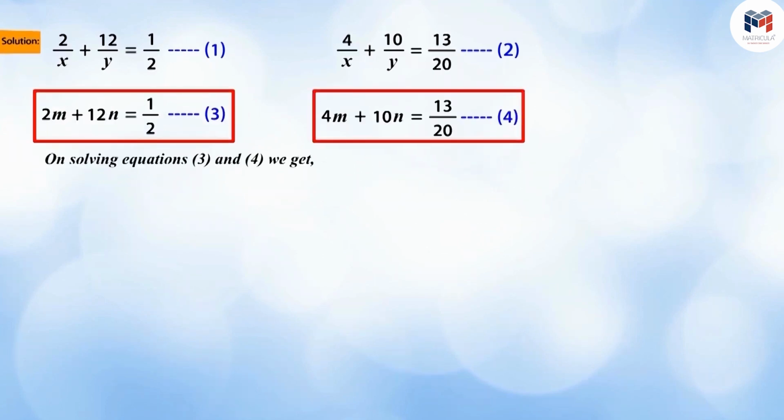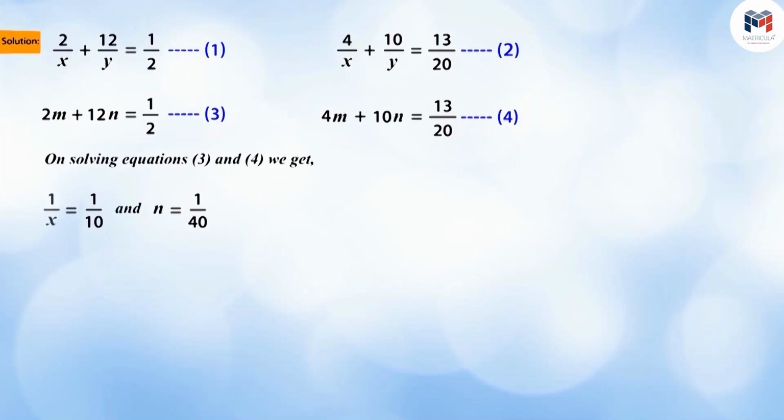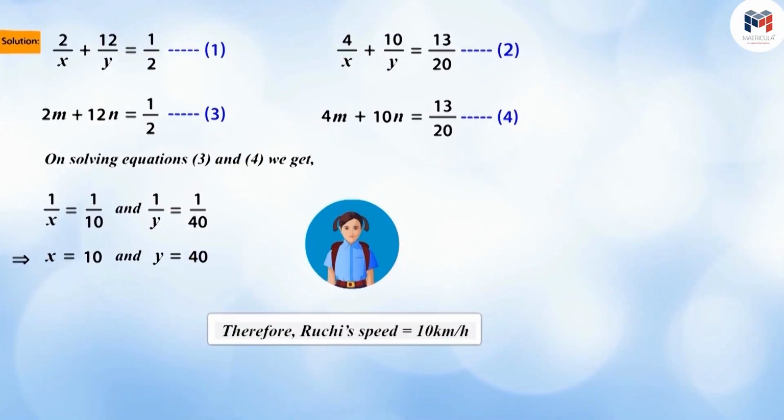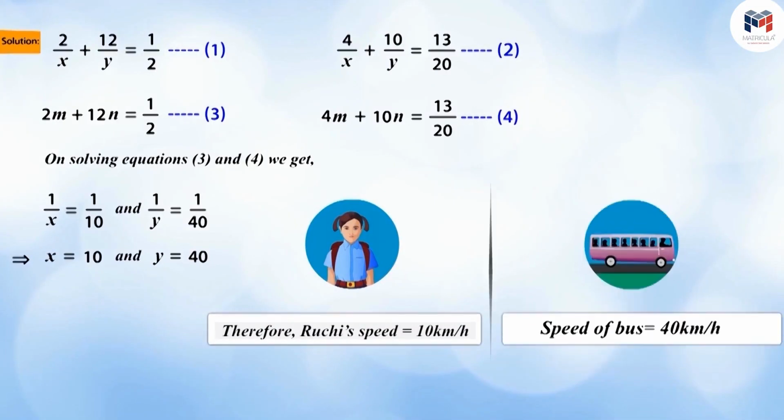By solving equations 3 and 4, we get the value of m as 1 by 10 and n as 1 by 40. Now we know that m is equal to 1 by x and n is equal to 1 by y, so this gives us the value of x as 10 and y as 40. Hence, Ruchi's walking speed is 10 km per hour and the speed of the bus is 40 km per hour.